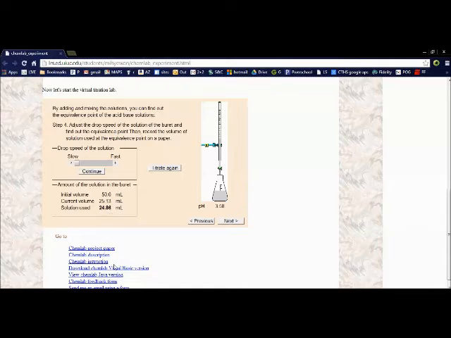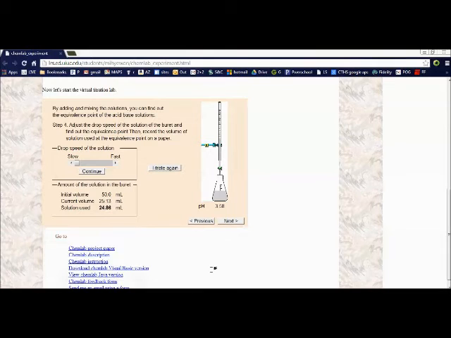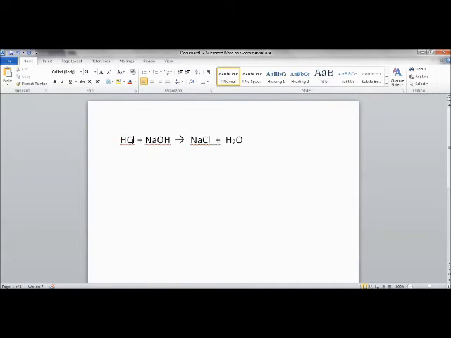We're almost at 24.68. So if we think about what's going on in the flask right now, I've just about neutralized all of my HCl with my NaOH, and at some point I'm going to add one last drop of NaOH, and all of my reactant here is going to be gone, and it's going to be completely transformed into my product. And at that exact moment, the pH should be exactly 7.